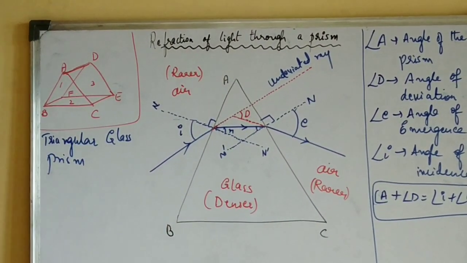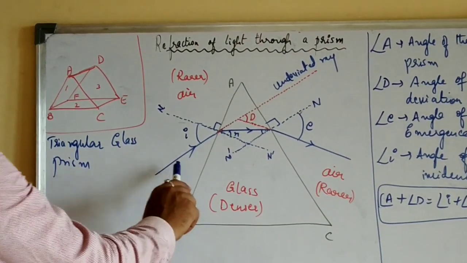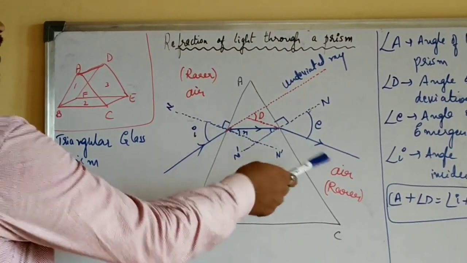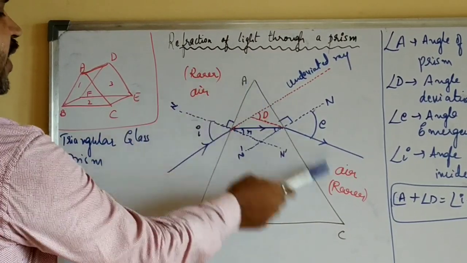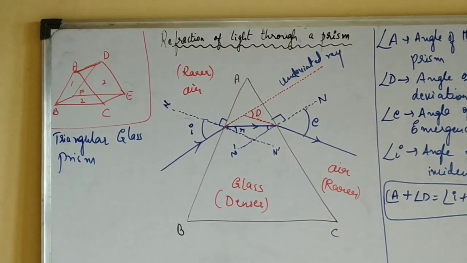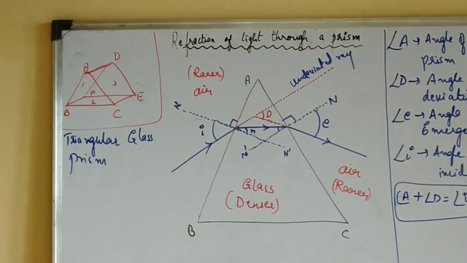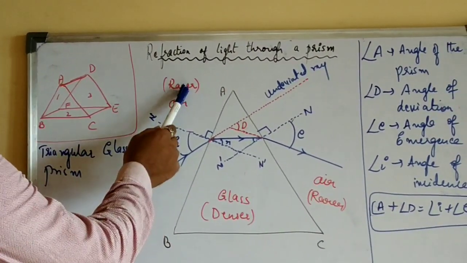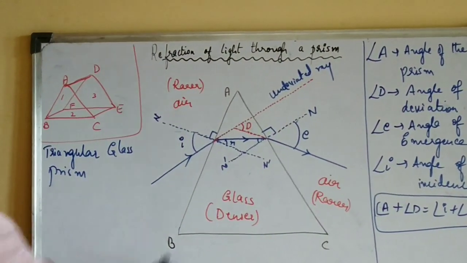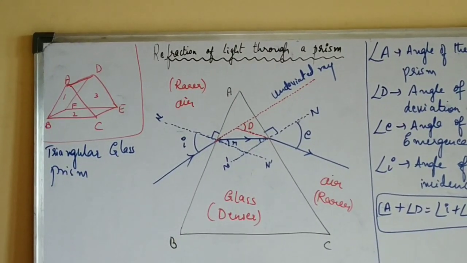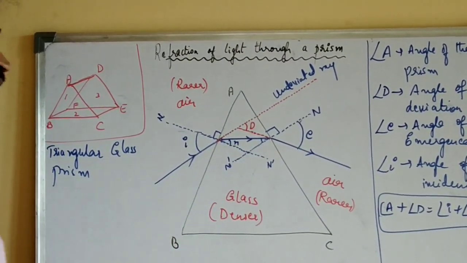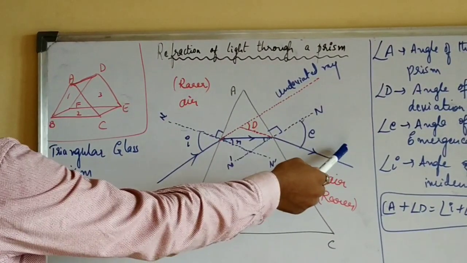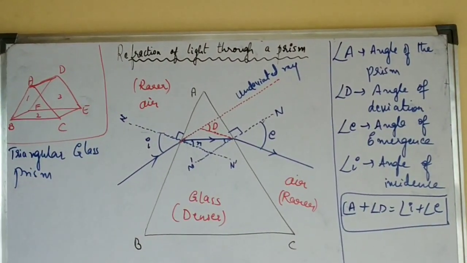The two rectangular lateral surfaces along the sides AB and AC support refraction. So the prism supports refraction. Outside the prism is a rarer medium, that is air. The prism itself is made up of glass, that's why it's also called a glass prism. It is the denser medium, and again to the right side you have the air, which is the rarer medium.